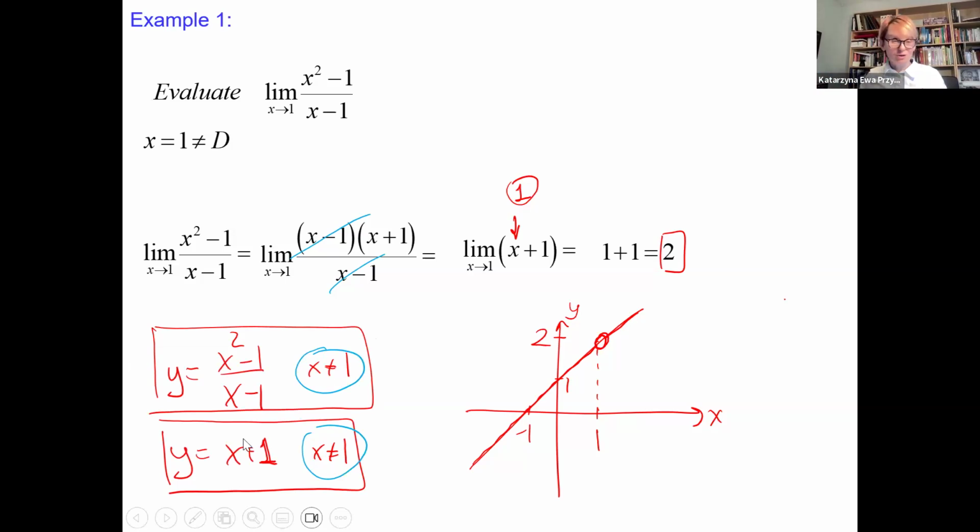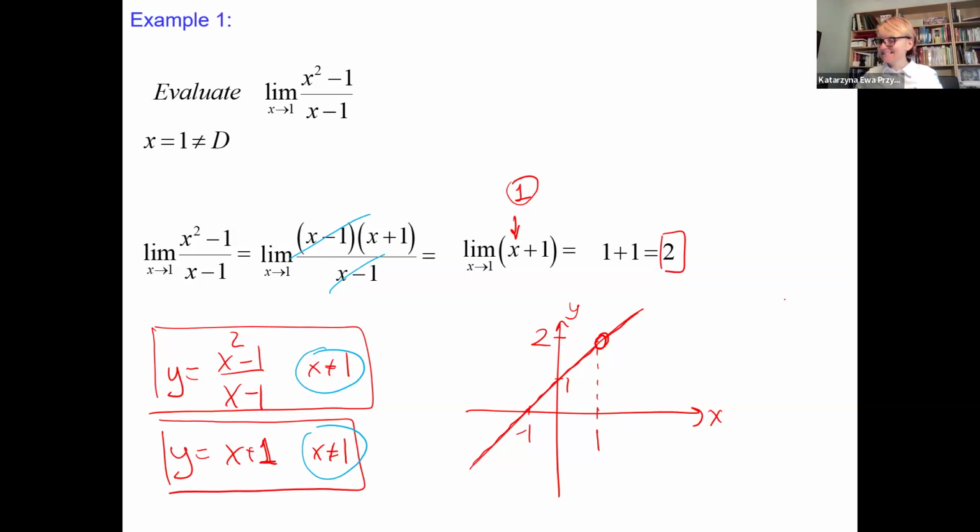Without saying that, these two functions are not equivalent. Because this is a beautiful line, no problem, but we know this line came from that fraction, and that is not defined. When you cancel out, we will always have a removable discontinuity. If we cannot cancel out that 0, it's probably an infinite discontinuity.